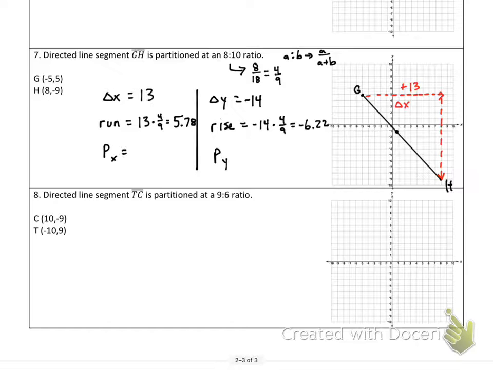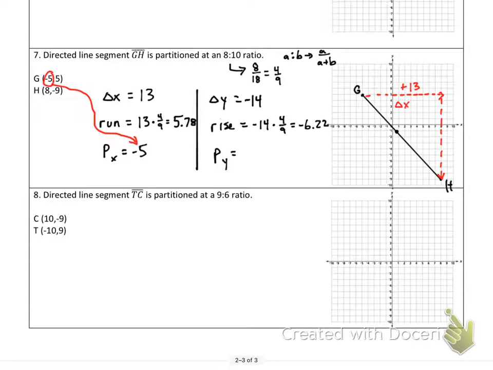Okay, so now we can find our actual X and Y coordinates. So P sub X is going to be, what do we do to find P sub X? What are we adding? There you go. Add that run to the initial X. The initial X is negative 5. And I'll just show this right here. We're starting at G, so that's why I'm pulling that X value in.